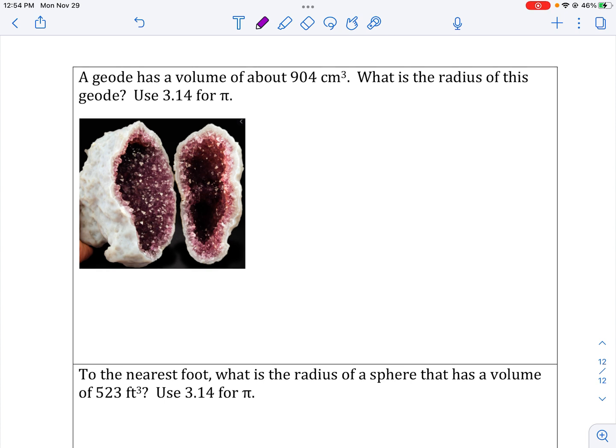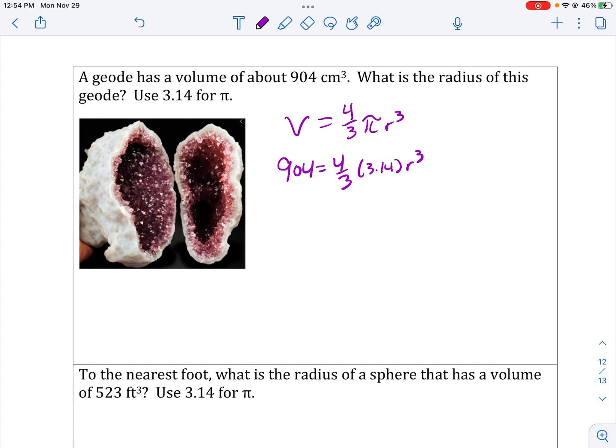And here we have the volume, so let's write the volume formula. Now let's substitute what we know. So we know the volume. We're going to use 3.14 for pi. And we need to find the radius, or we need to find the r.